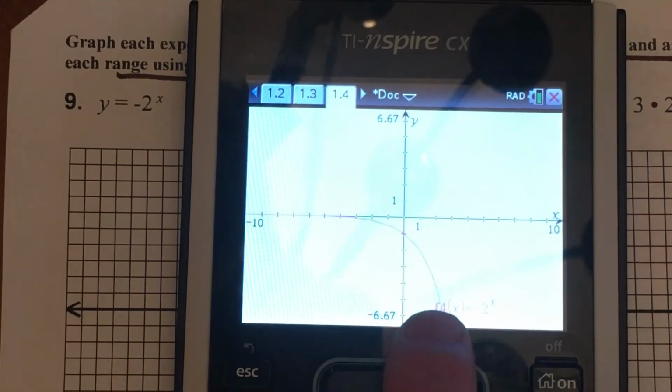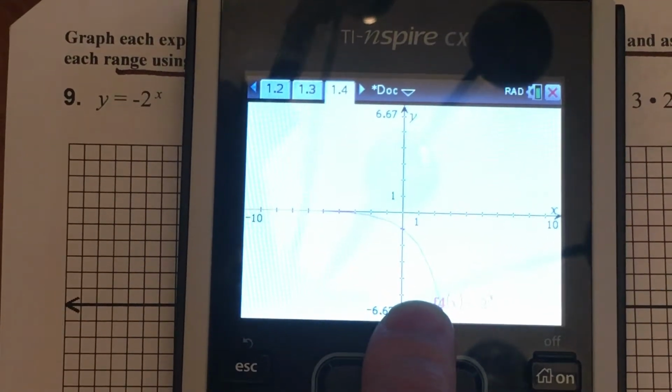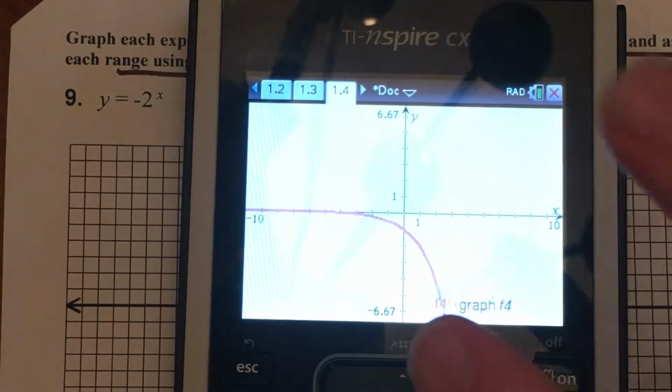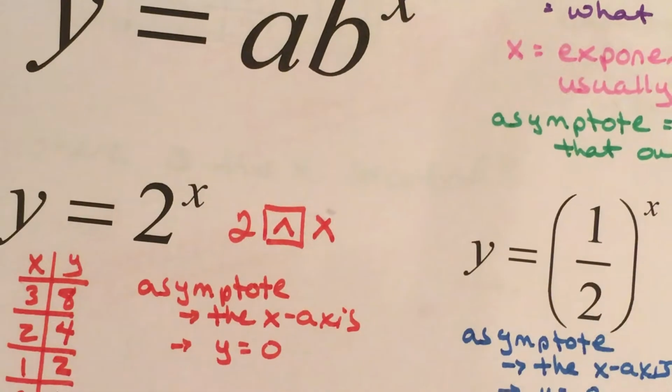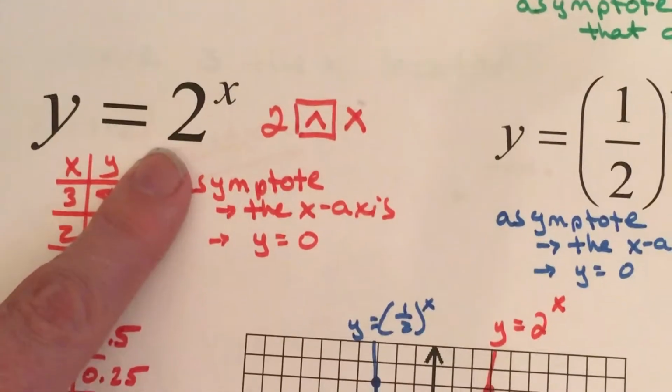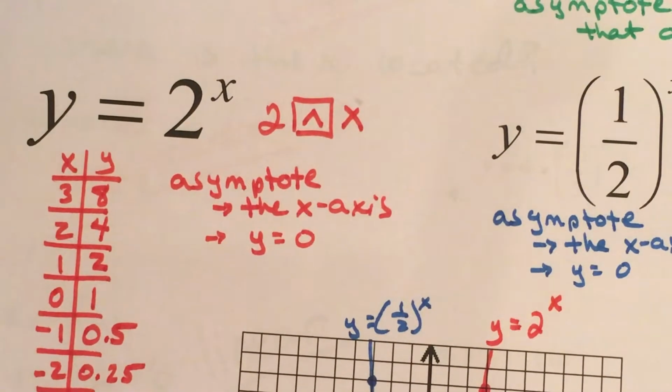Aha, so this flipped down. It reflected over the x-axis. If we turned it upright, it would match this one. If we flipped it back over the x-axis, so that kind of makes sense.